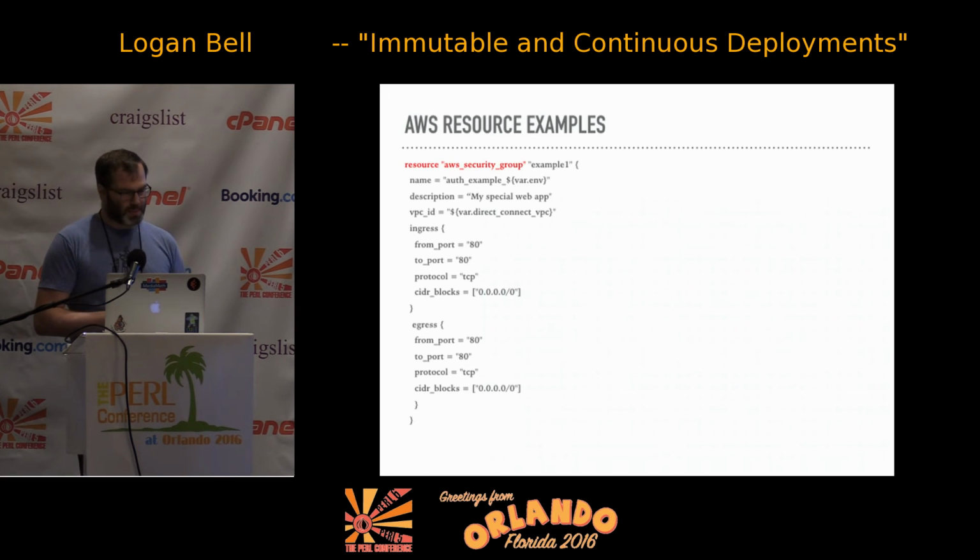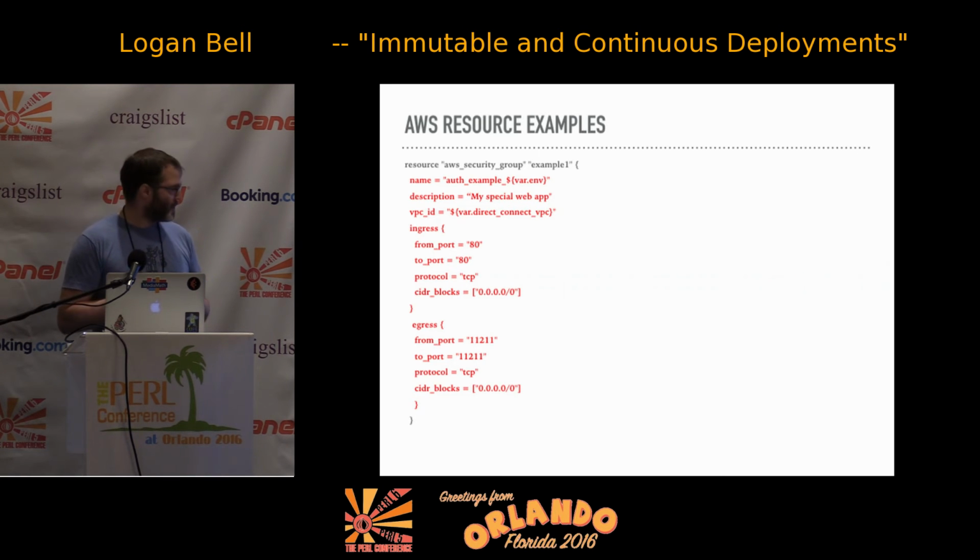Okay, so here's an example, as I mentioned, of another resource, a security group. There's a lot of details in there, but the primary thing is this is very specific to Amazon. All of these properties you can set, and you can go and look at their documentation. Basically, most of the stuff that they integrate with, they support.